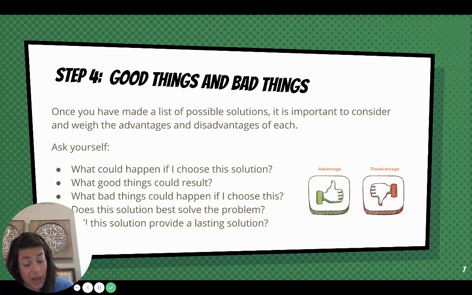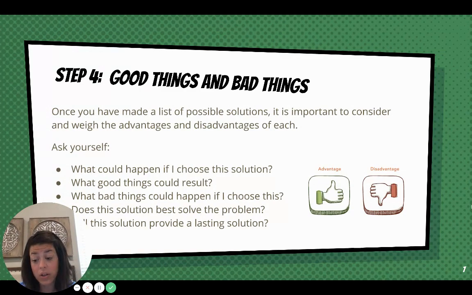What good things could happen? What bad things could happen? Is it the best way to solve this problem? Is it going to take the entire time? Is it going to actually solve my problem? So you have to think through all of those different steps and think about what could be good with it and what could be bad.